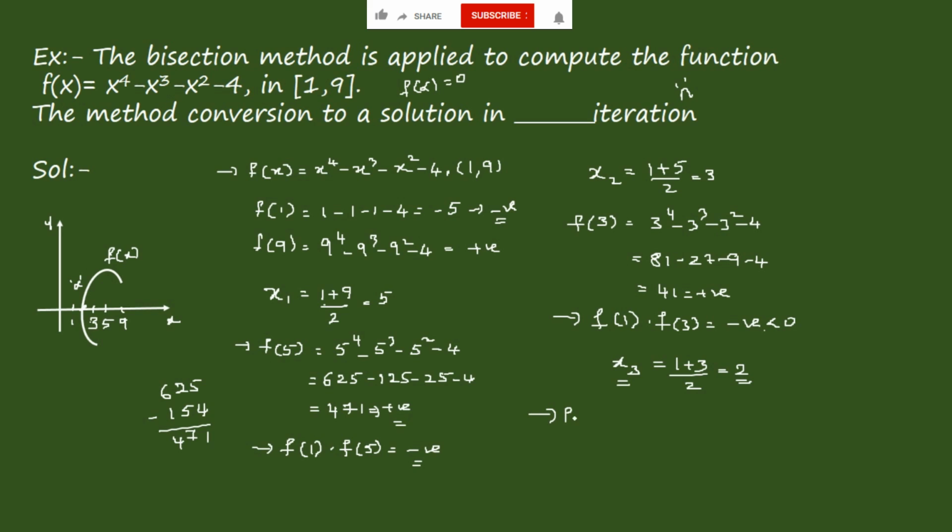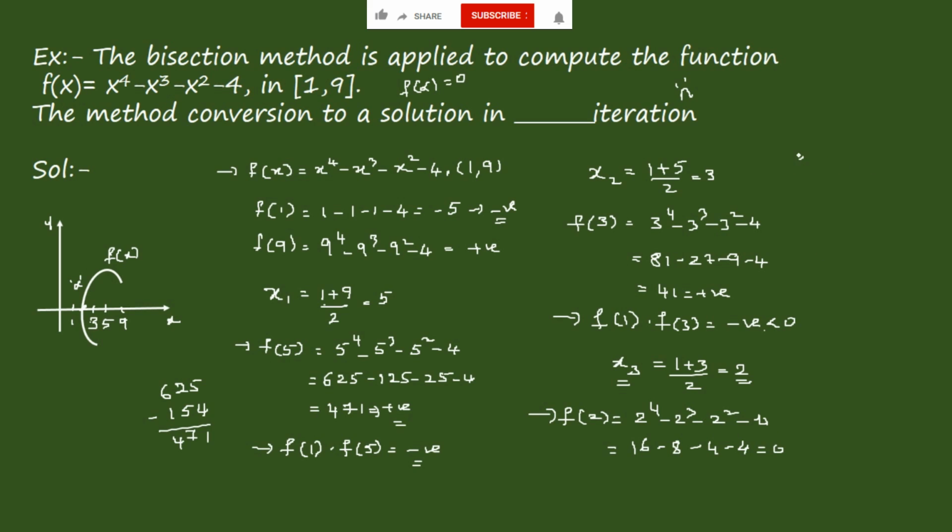Then we find the value of f(2), which is 2^4 - 2^3 - 2^2 - 4, which is 16 - 8 - 4 - 4, which is equal to 0.